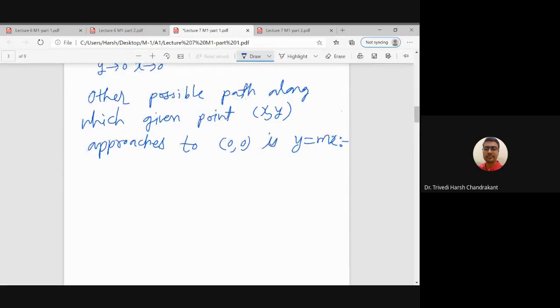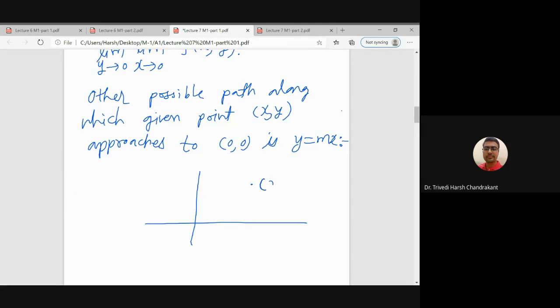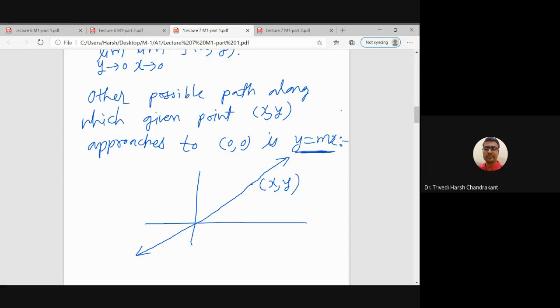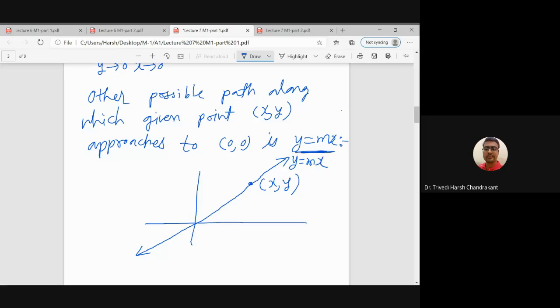So y equals mx means we have a point, for example (x, y) is here, and it satisfies this condition, y equals mx. So the y equals mx line, more or less, the graph will be of this type, depending on what m we are choosing.